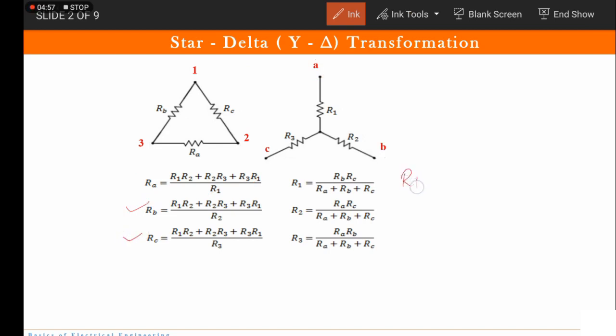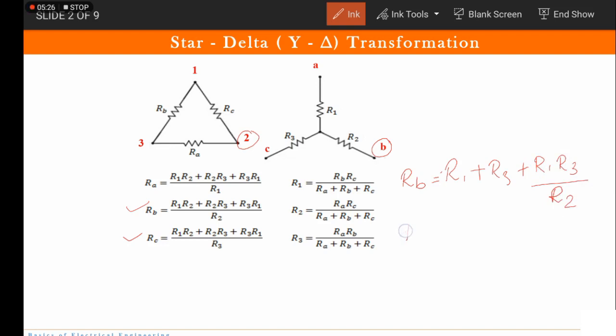Let us write the equation for RB. Now B corresponds to 2. Fine. So we will not write anything with 2. We will write it with 1 and 3. It means my total resistance would be R1 plus R3 plus R1 R3 upon the remaining one, which is R2.